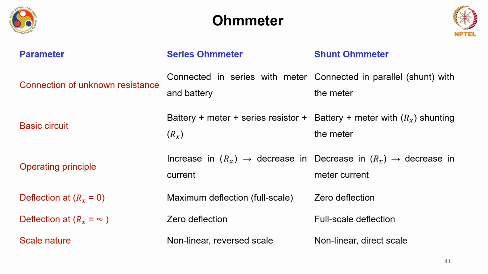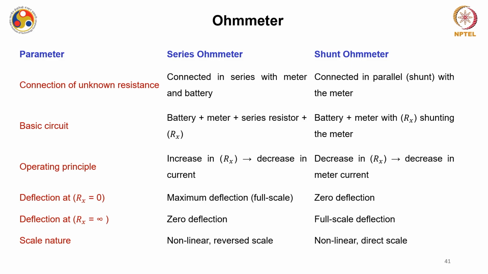If I compare different parameters between these two, in the series ohm meter the unknown resistance is connected in series with the meter and the battery, and in the shunt it is connected in parallel with the meter.